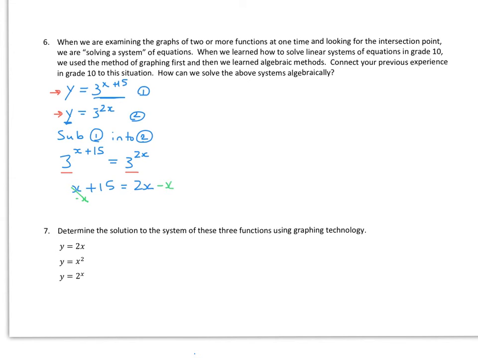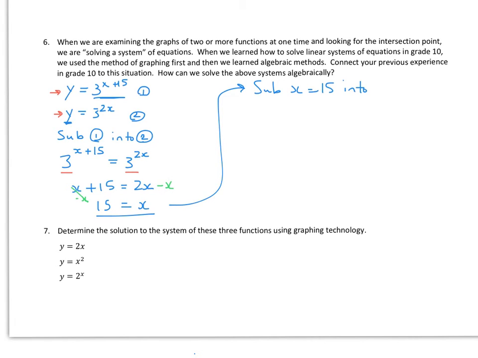That leaves me with 15 on the left side of the equal sign, and 2x take away an x is just 1x. So x equals 15. There's the x coordinate of my point of intersection, which if you look up above, is what we found.